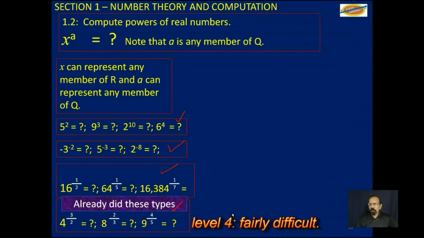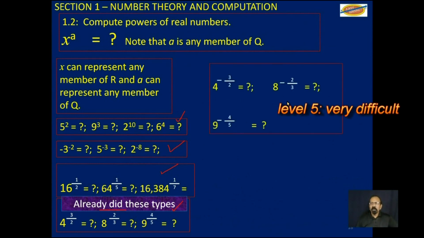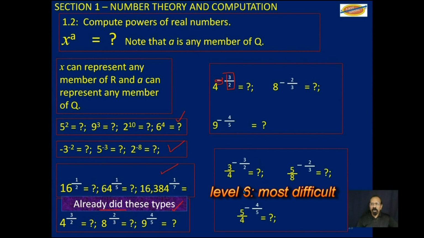Those were already done. Now let's move on to the two hardest types, which would be 4 to the negative 3/2, that format. And then after that, we are going to do a fraction down here.